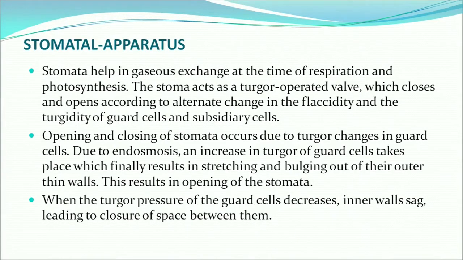In a nutshell, the more the water absorption, the more the stretching of guard cells and the more the opening of stomata. When the turgor pressure of the guard cell decreases, inner walls sag, leading to the closure of the stomatal space. Hence, the stomata closes.